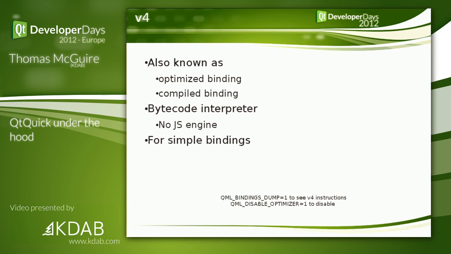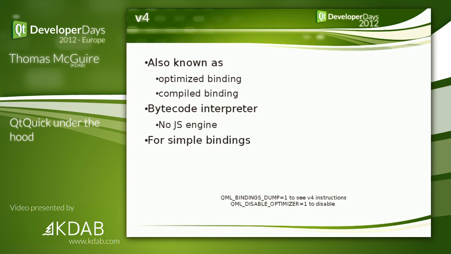Right now, the V4 engine only understands simple expressions, not all of them. So for more complicated stuff, QML will fall back to V8. But for simple bindings, V4 will be used. That's bytecode interpreted by the QML engine itself, not by V8.